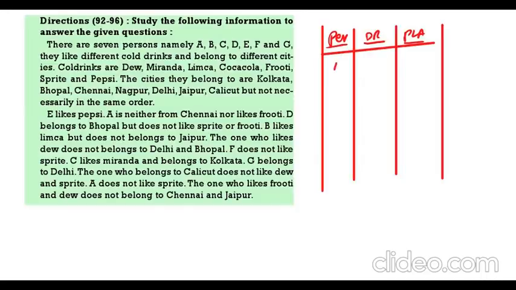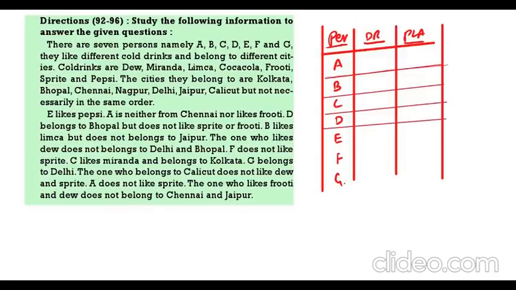The persons are A, B, C, D, E, F, G. These are the names of the persons. Now start the puzzle.